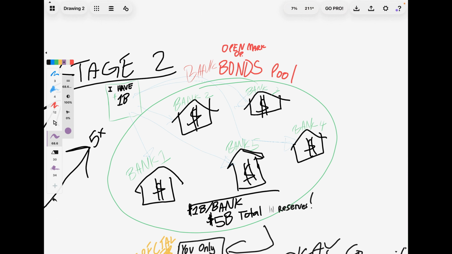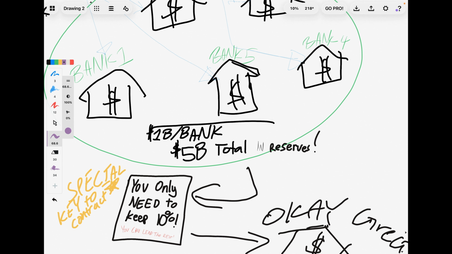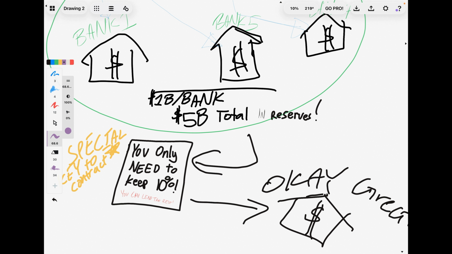This is what you call an open market operation, or I call it the bank bonds pool, because these banks are now getting loaned your $1 billion, sort of, and whatever they want to do with it, they can do. So each bank technically, on paper, on a contract, has $1 billion, and altogether they have $5 billion total in reserve. So we just created $5 billion in a span of 2 seconds.